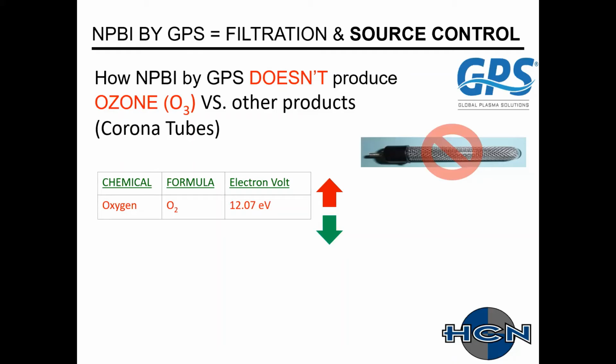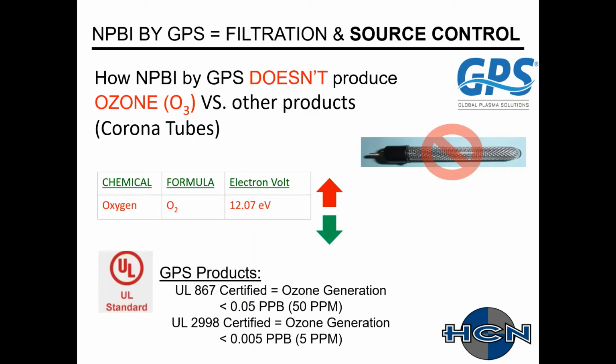So basically, GPS's products have an electronic field designed to have a threshold of less than 12 electron volt potential. So once again, from that previous slide, the GPS device does not break O2 into single oxygens that then could combine to form ozone.